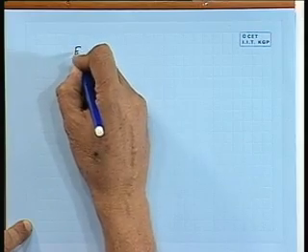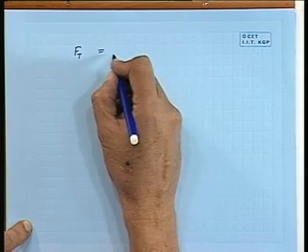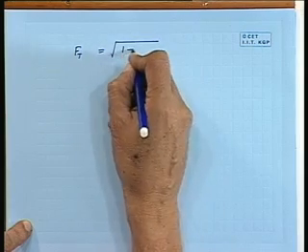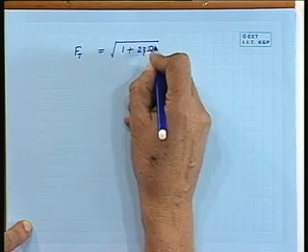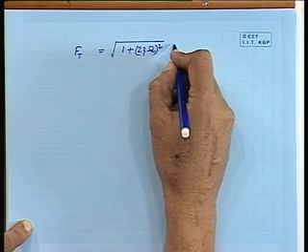So, substituting this in the expression for F t, we get F t is equal to the square root of 1 plus (2 zeta omega) whole square, into k x.